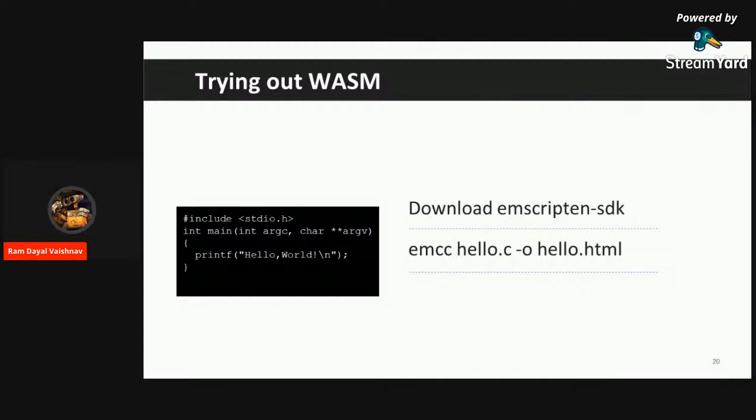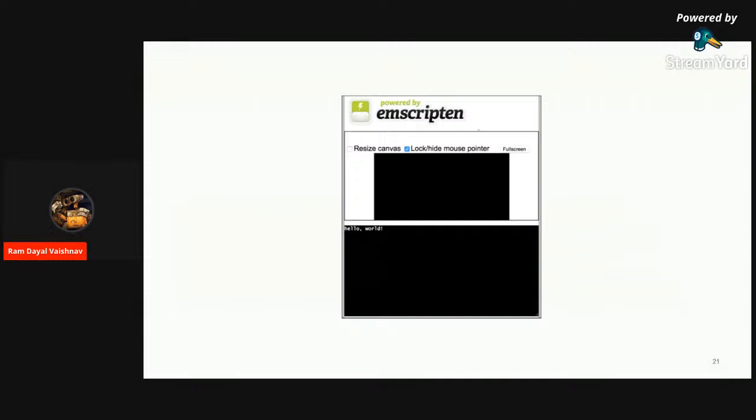So this will convert the C file into an HTML file directly with the help of WASM somewhere inside. And then finally you can run it with, let's say, emrun --no_browser --port 8080 . So this will run this file and give the output something like this. The hello world will be printed on the web.